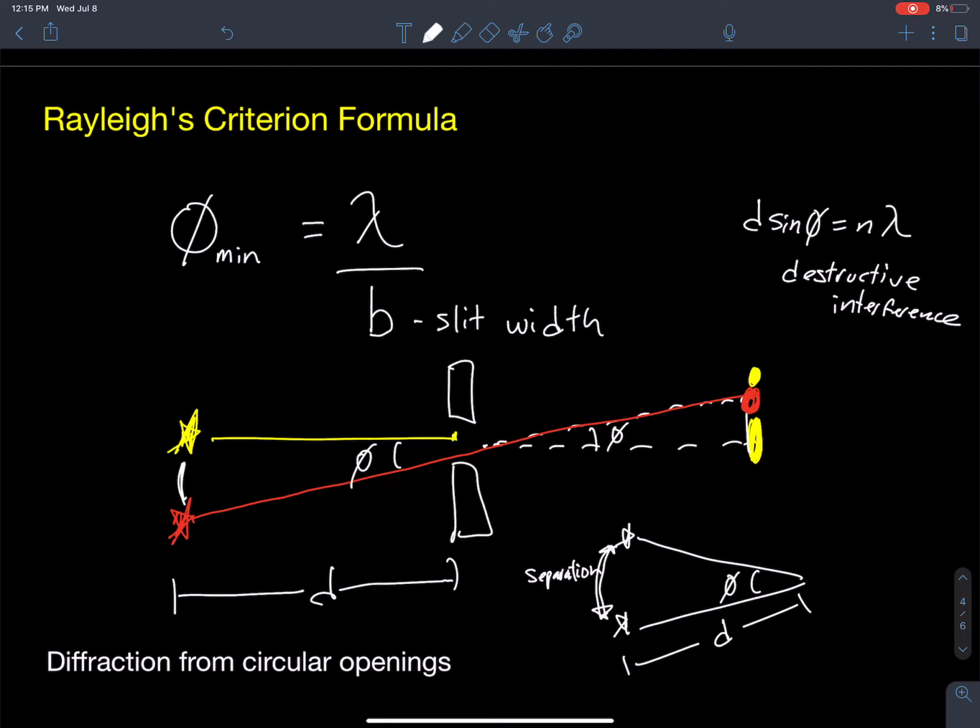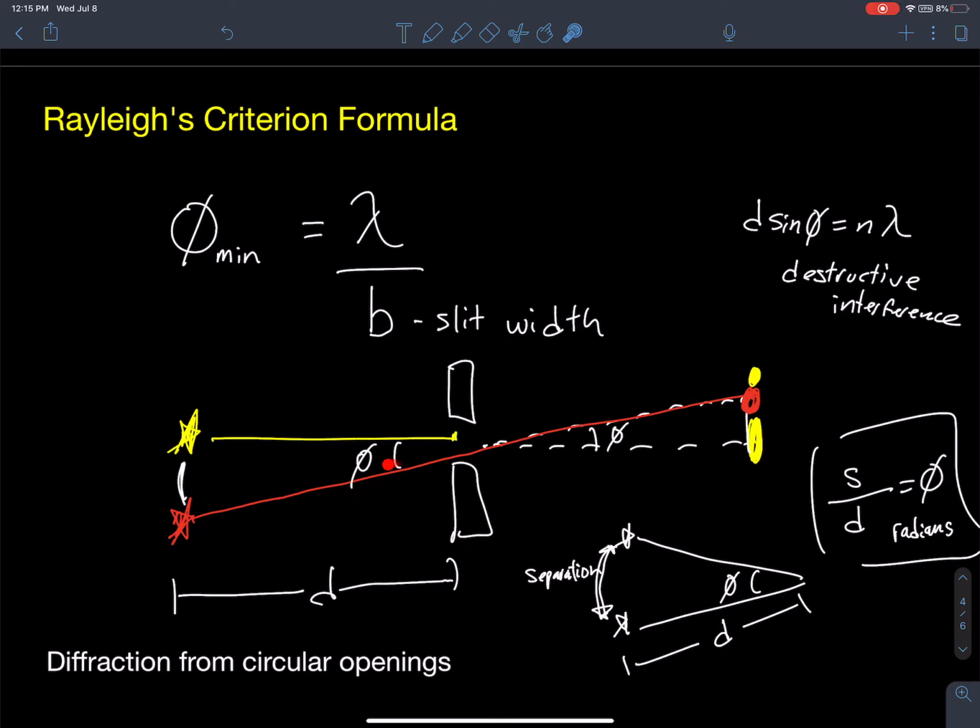Okay, so if we remember from math, S, the arc length, divided by d is equal to theta in radians. This is really important to understand: if I have the linear separation S between those two stars, and I divide it by the distance those stars are away from my eye, that will give me my angular separation.